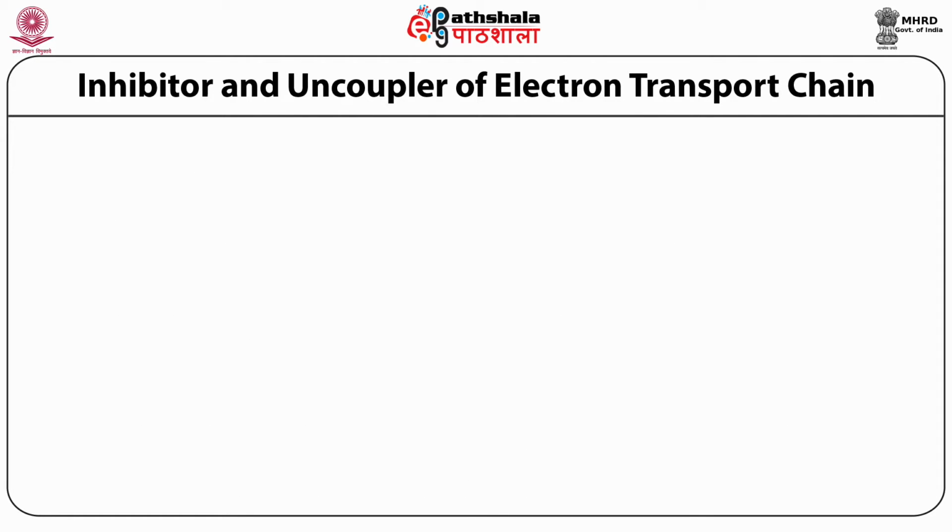When we are talking about the regulation of electron transport chain, two points come to our mind. The first one is inhibitor of electron transport chain, and the second point is uncoupler of electron transport chain. So first of all, it is important to differentiate between two molecules.